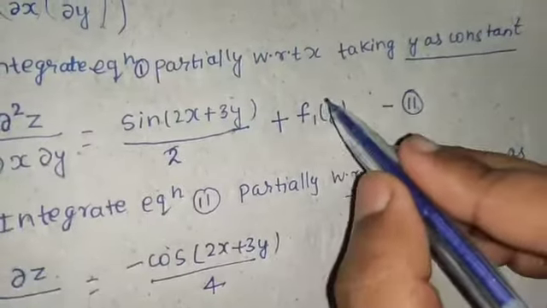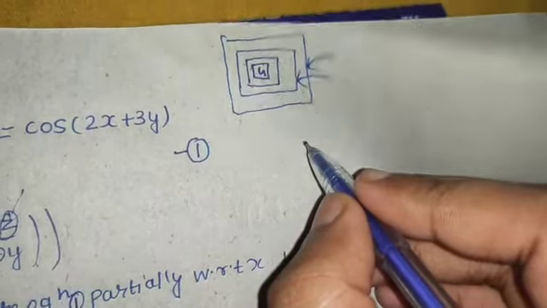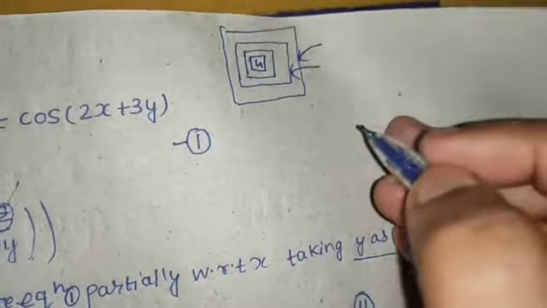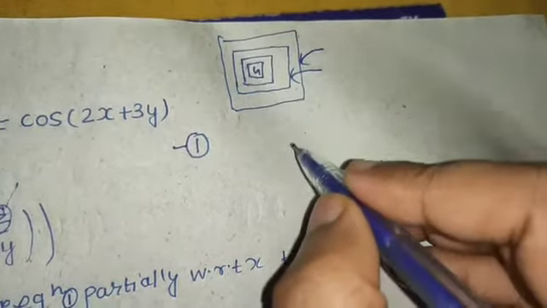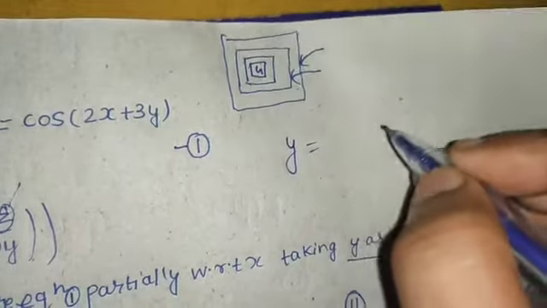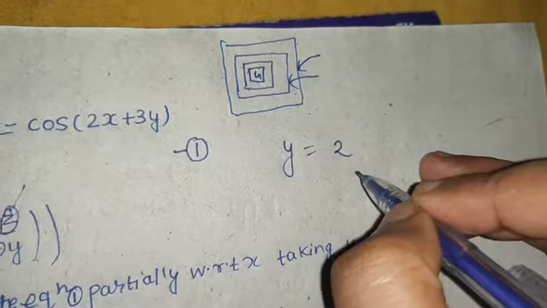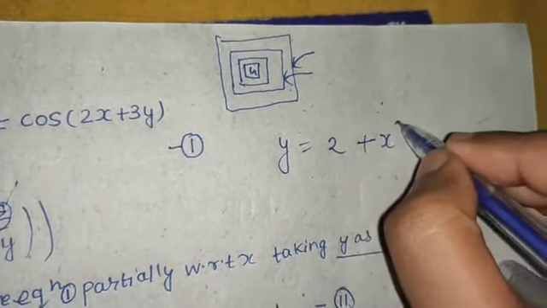Now here, because this is constant, what you do is, suppose you have some equation, let's say y equals 2 plus x square.